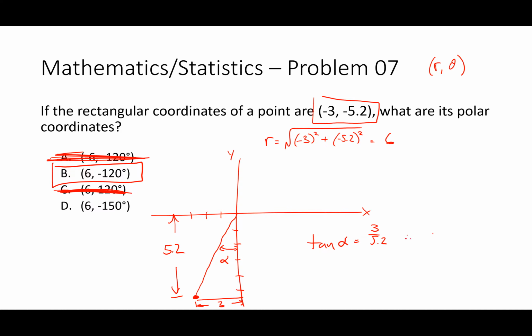So alpha is the inverse tangent of 3 over 5.2. And when it's all said and done, you're going to get an alpha value of 30 degrees or theta of 120. So again, B is your answer. Again, just a review of your polar coordinates.